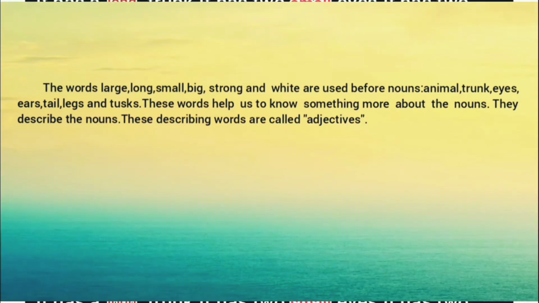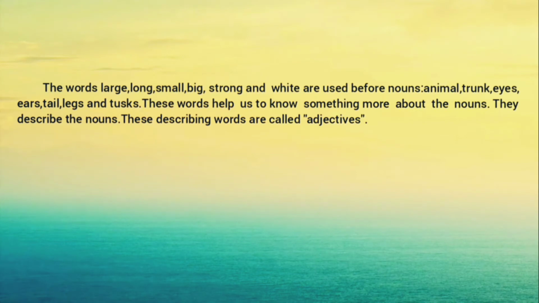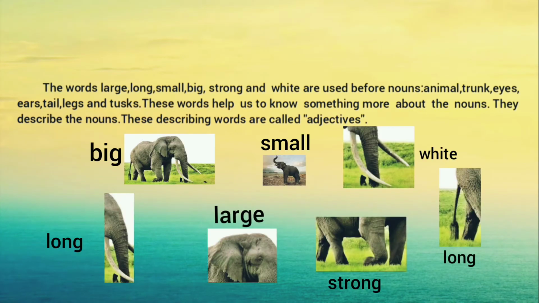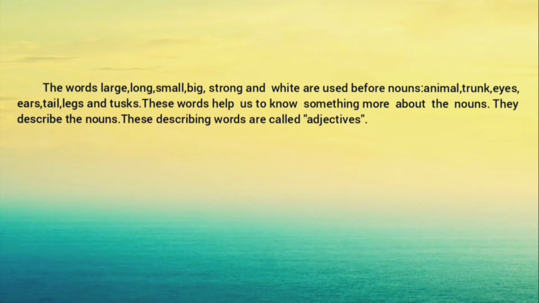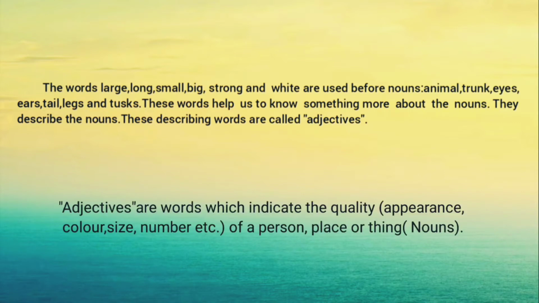Look at the highlighted words. The words large, long, small, big, strong, and white are used before nouns: animal, trunk, eyes, ears, tail, legs, and tusks. These words help us to know something more about the nouns.